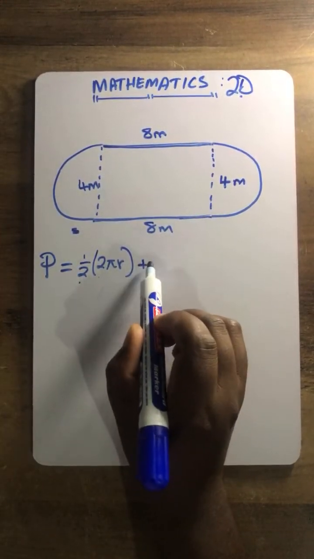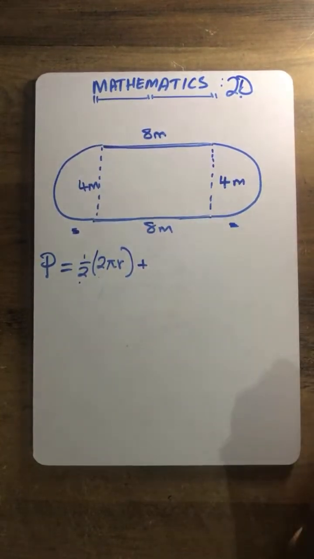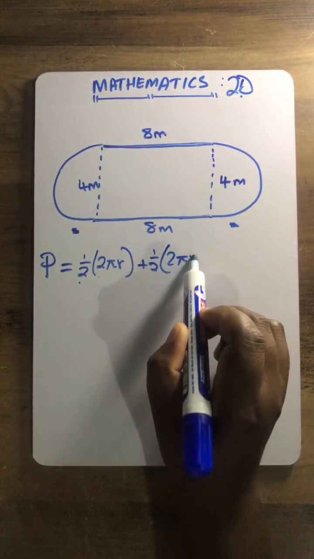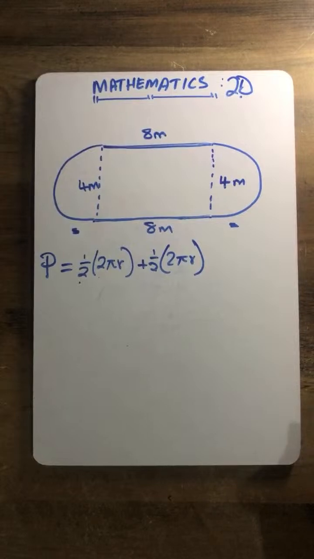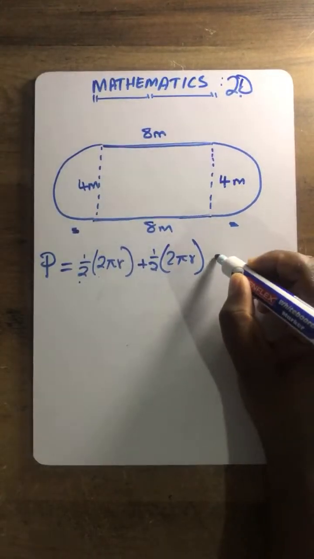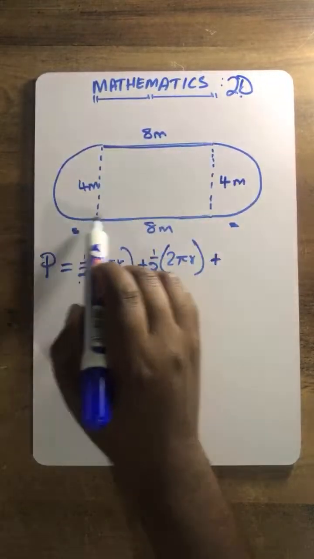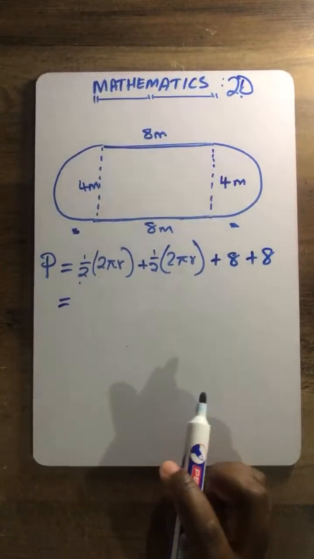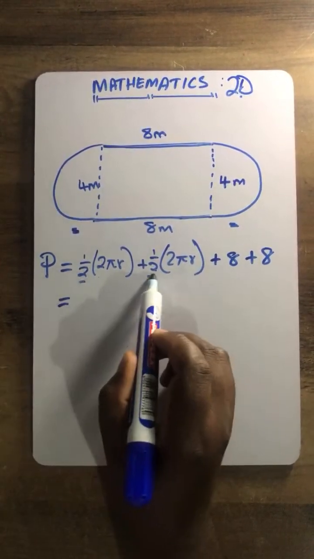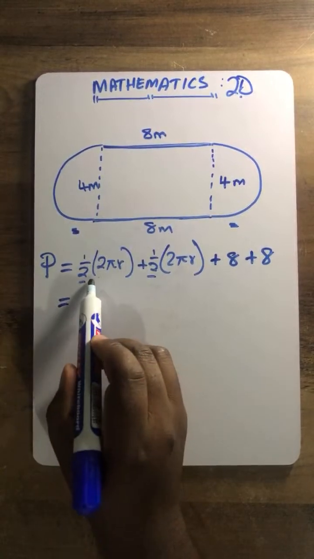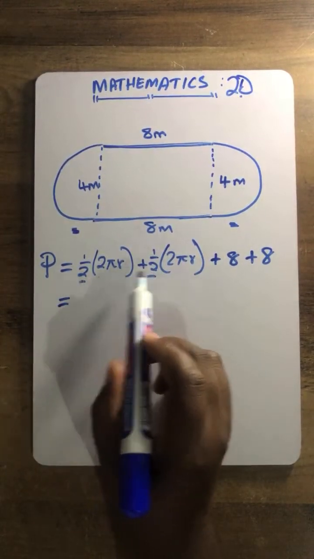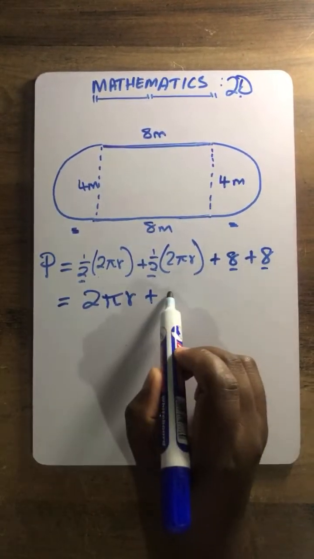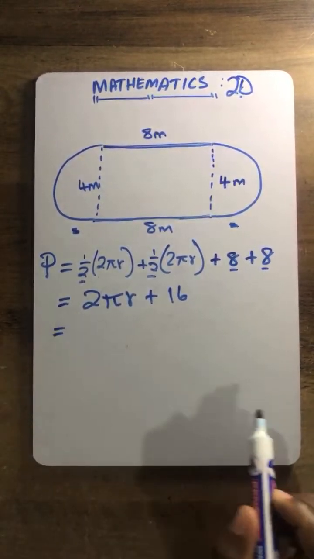So I will need to plus it with this other half. So that means I will still have half of the circumference, and then I will need to plus these two sides, being 8 plus 8. But guess what? Half plus half is the same as 1, so that means we just have 1 of 2 pi r. That you must plus it with 8 and 8, it is 16.